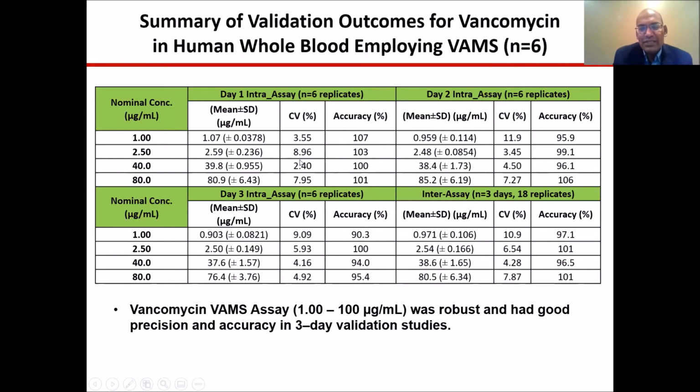So as you could see, the assay was reproducible across 3-day validations, and also looking at the inter-assay variability over 3 days, we can see the assay was quite reproducible.